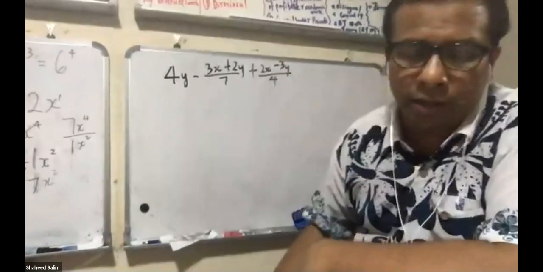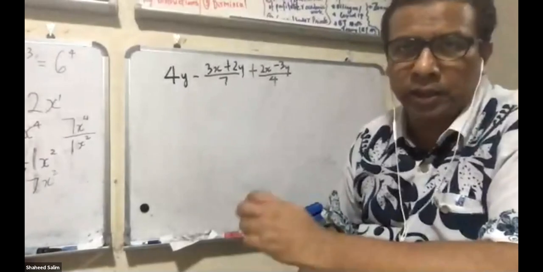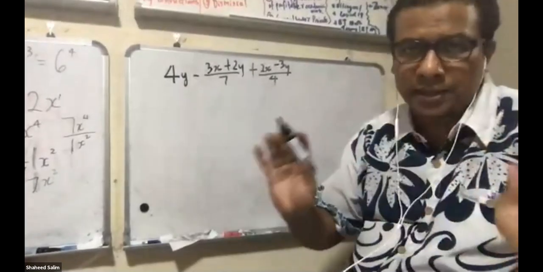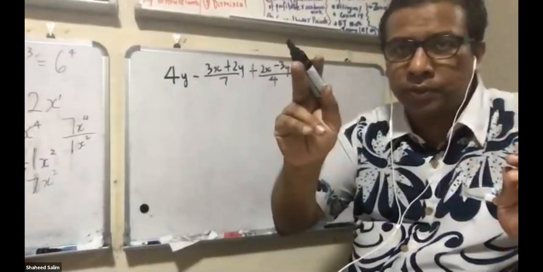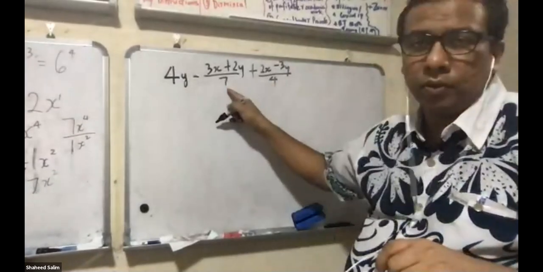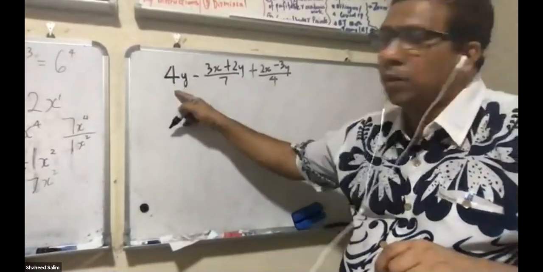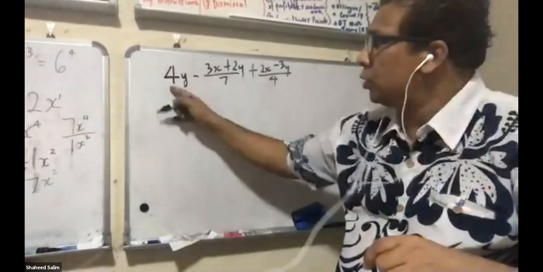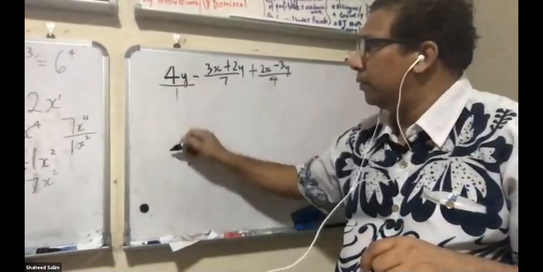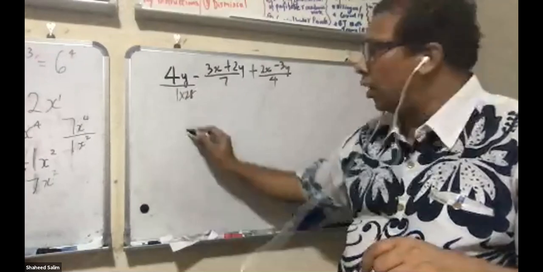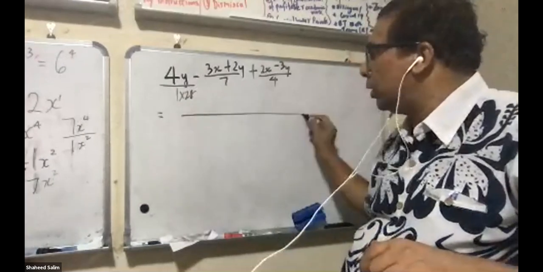Do you all agree that the denominator is 28? All agree? No problem with that? Inshira, you agree? 7 times 4 is 28, right? Then how about this one? Very simple, make its denominator over 1. Now you multiply by 28. Then you get all of them under 28.